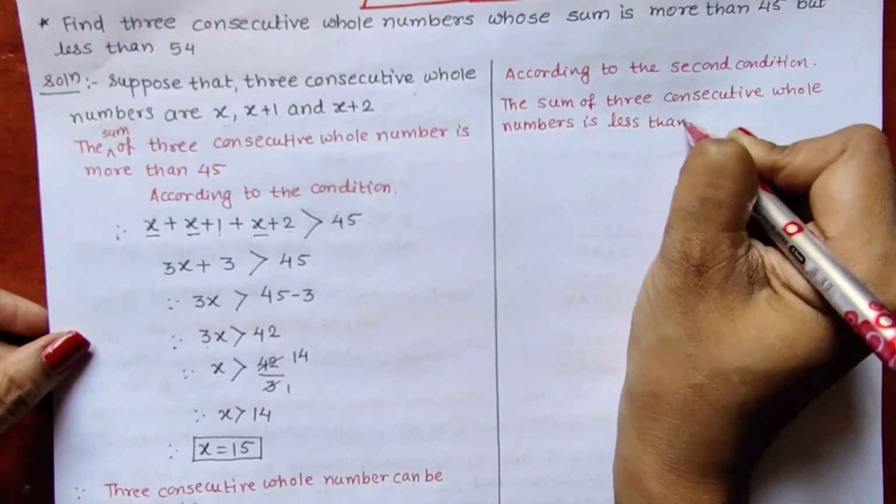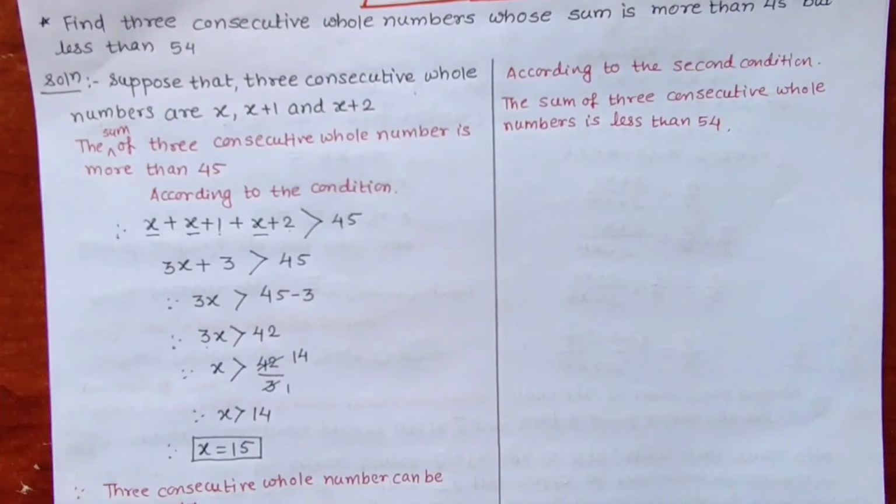It is less than 54. So we have to use the less than symbol.